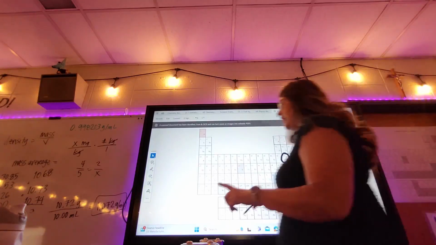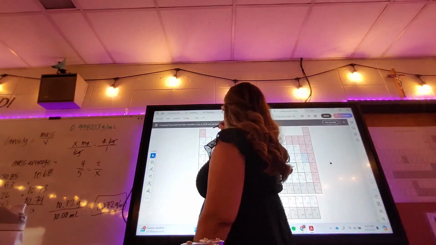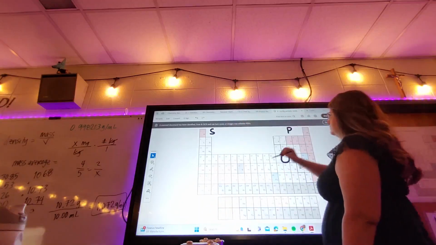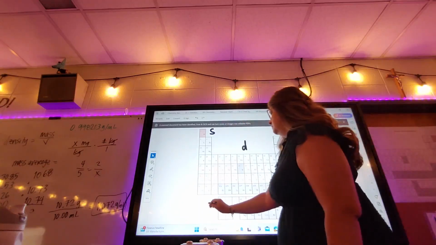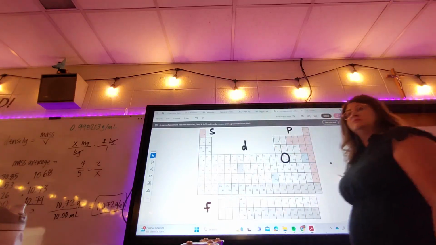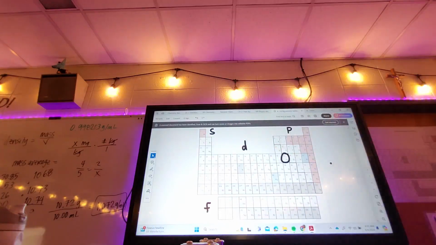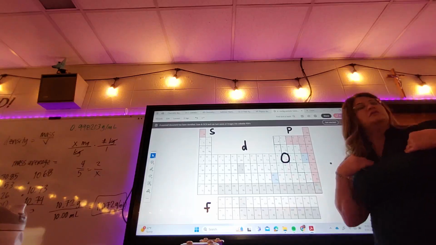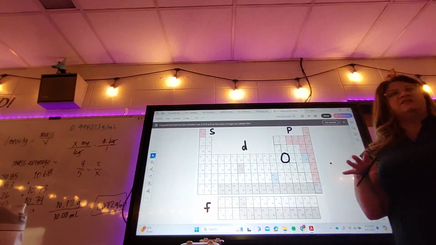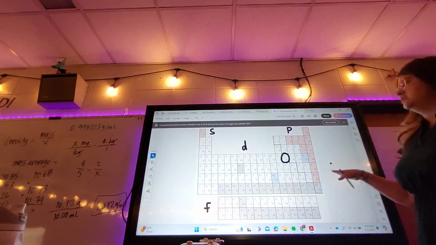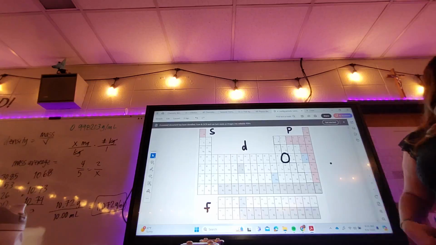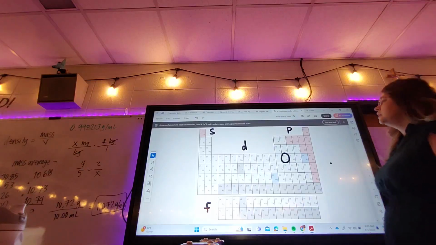So now you should have written in your notes that these 2 columns is the S, these 6 is the P, D, and F, right? I would maybe find a way to write that on my periodic table that was clear to me. However you want to do that is fine for you. Or I would draw this little periodic table on the note card that I was planning to use on my test.